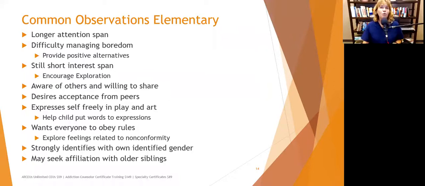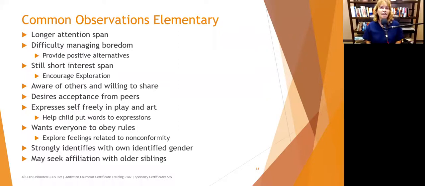They want to obey the rules, so we need to explore their feelings related to nonconformity. When a child in the classroom breaks the rules, how does that make you feel? And help them start understanding their own feelings regarding people who don't do what they expect.